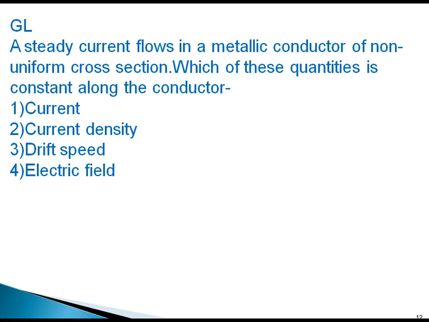Okay. Now I am asking one more question here. A steady current flows. I say current is constant. I have to check out of these four quantities which is constant. Of course, current is constant. It is written in the situation. I have to check the current density. We know the formula. Current density is current per unit area.